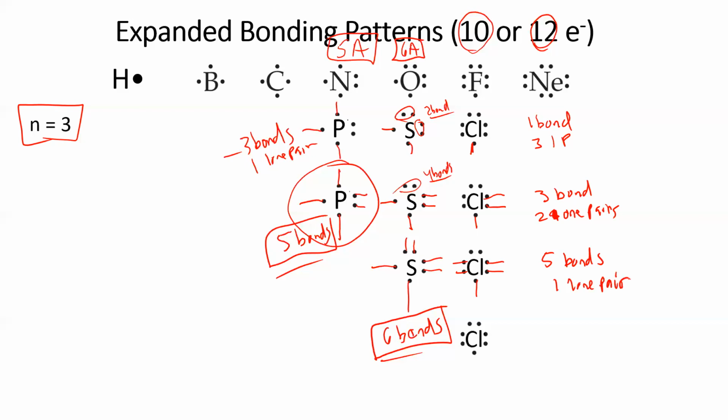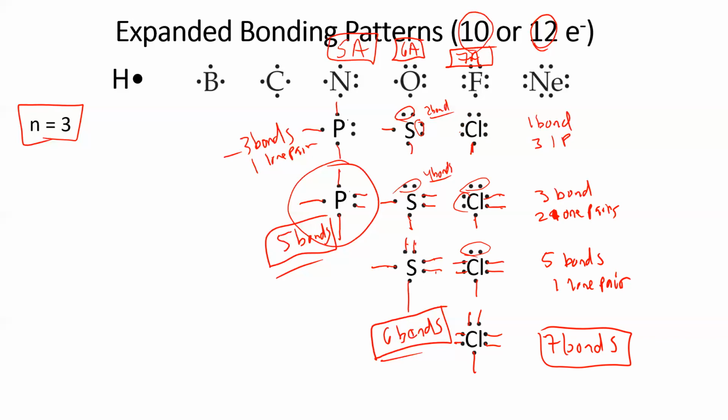And don't forget, this is group 7A. And in this case, it's going beyond 10 or 12. It actually ends up having 7 bonds and no lone pairs. And in this case, the hypervalency is 14 electrons. But for the most part, the rest of these have 10 or 12, right? So you have 2, 4, 6, 8, 10, 12, 2, 4, 6, 8, 10, 2, 4, 6, 8, just the octet, right? 2, 4, 6, 8, 10, 12.